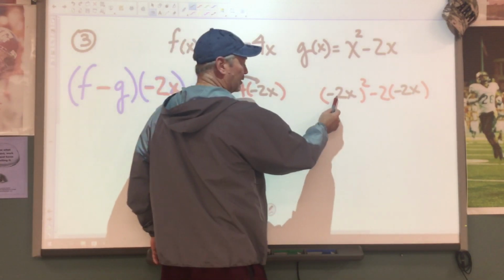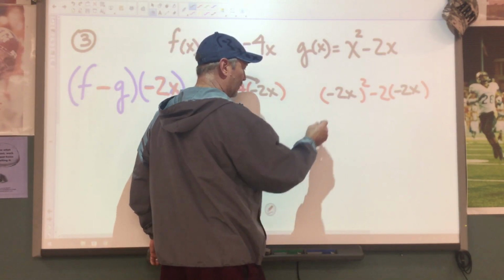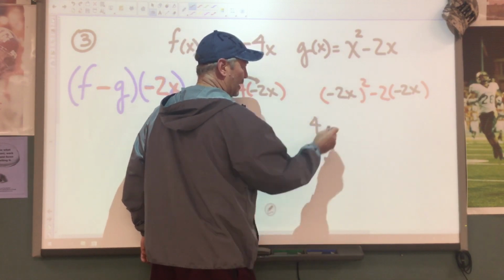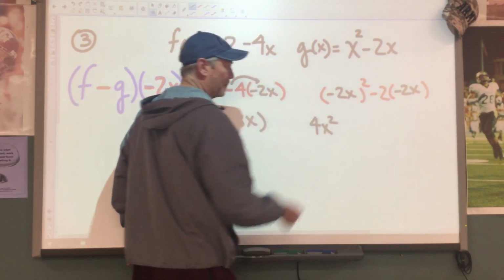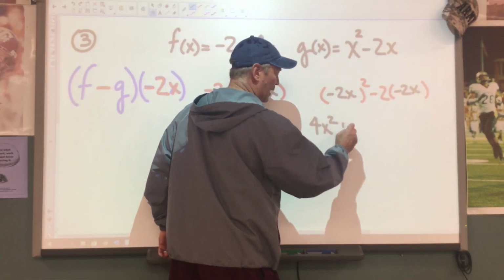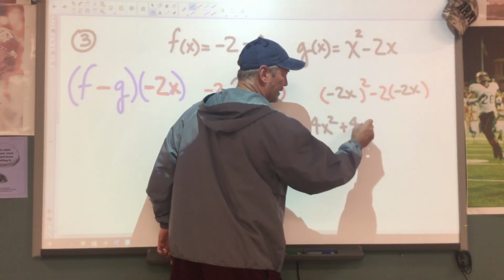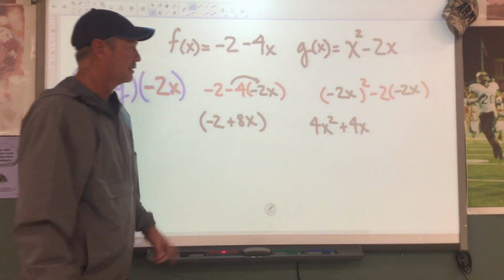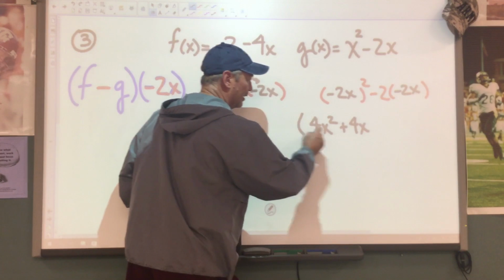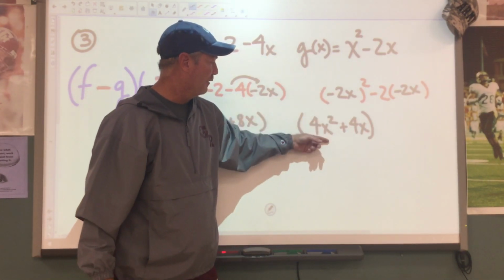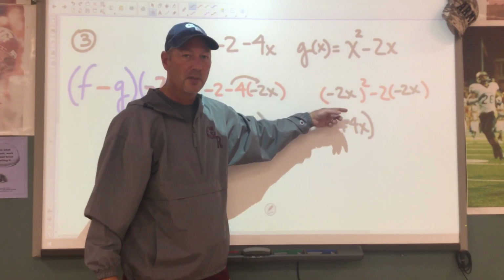I square this. Negative 2 times negative 2 is a positive 4. X squared, or x times x, is going to give me x squared. Negative 2 times negative 2x is a positive 4x. This is the result of my g function when I substitute in.